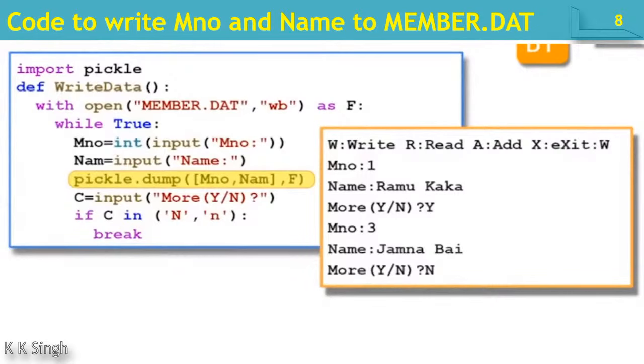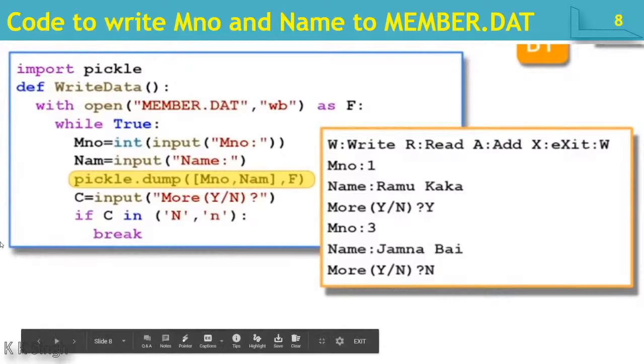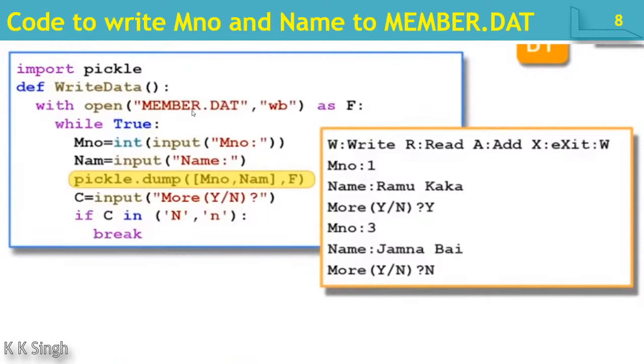Okay, so in this function, we have opened a file this way: with open member.dat. Member is the file name, dot dat signifies this is some data, and the mode is wb, which means writing a binary file, and f is the object of the file which will represent member.dat.